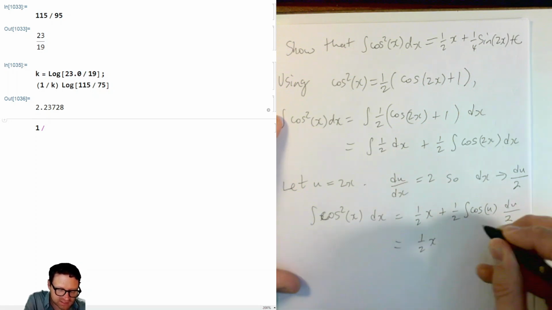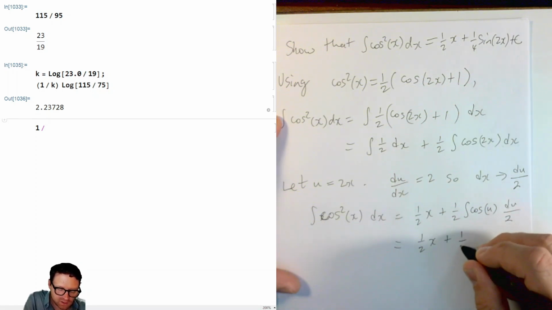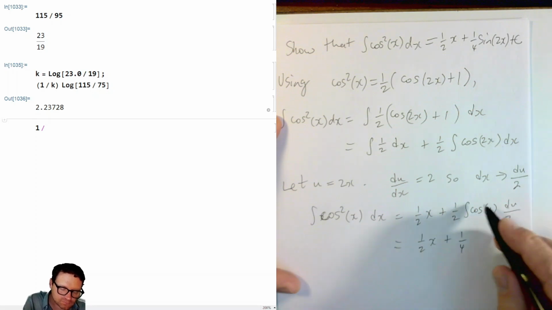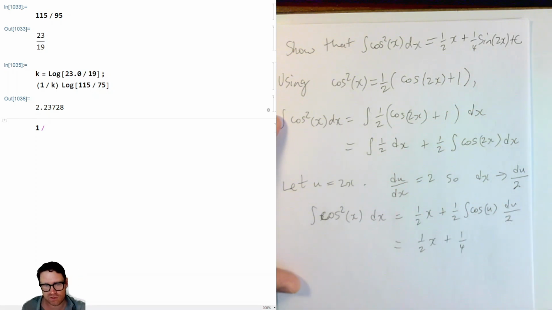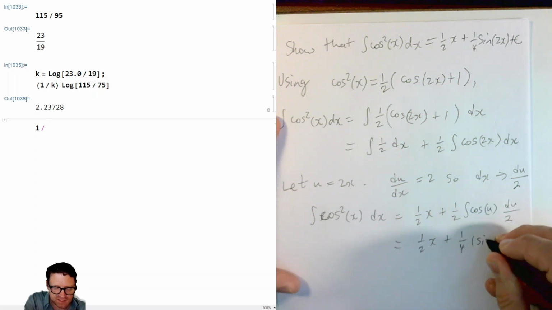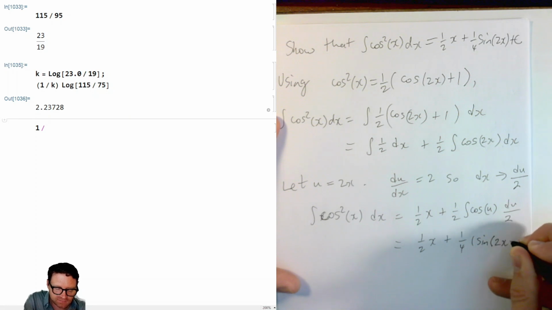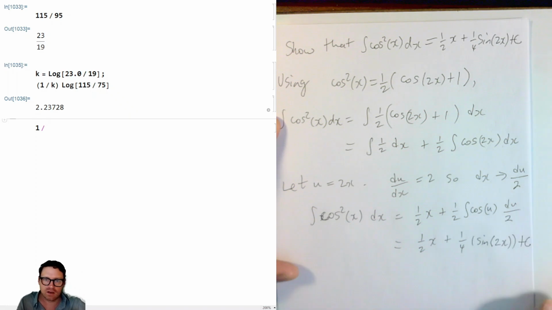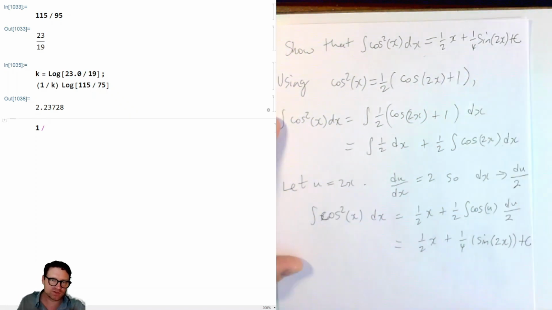So a half x plus a quarter, the integral of cos u with respect to u, which is minus sine. Or no, it's plus sine, isn't it? It's plus sine of u, but u is 2x. And then we have our plus c. Okay, so we've got exactly what we're supposed to get there.